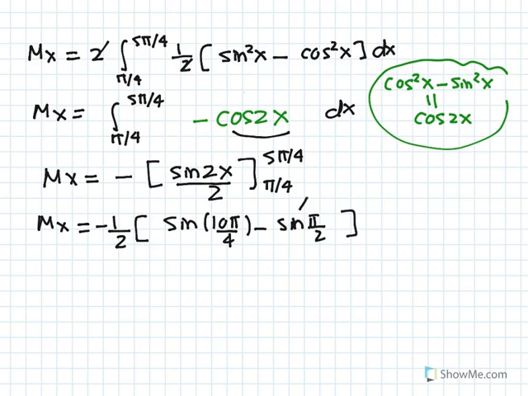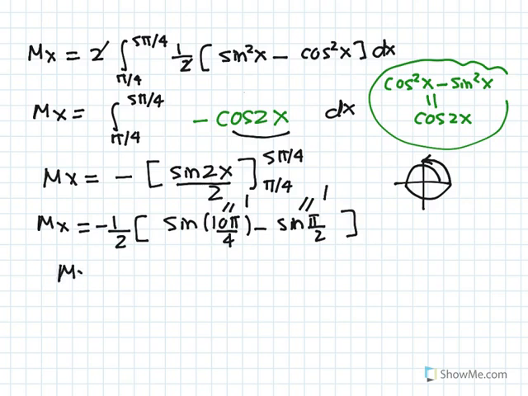Now, what is sine of pi over 2? That's sine of 90 degrees, this is 1. 10 over 4 is the same as 2.5, so 2.5 pi, basically we have pi here, 2 pi, and 2.5 pi is going to be the same as pi over 2. So sine of 2.5 pi is equal to sine of pi over 2, so we also get 1 here. Sine of 10 pi over 4 is 1.